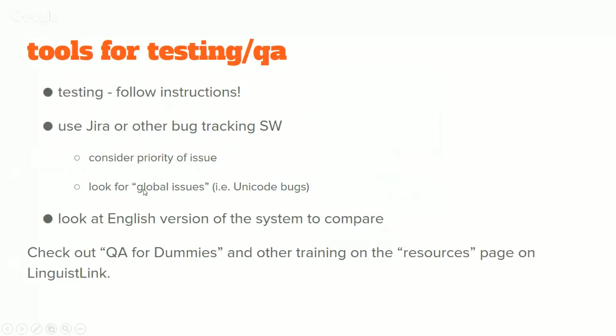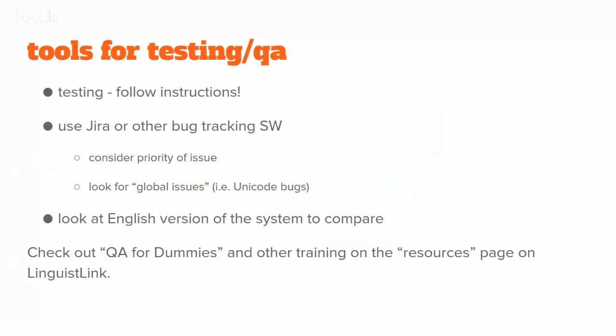The other thing is to look for global issues like Unicode bugs. An example of that is if you've ever looked at a web page and they just have little squares or gobbledygook, then it's a sign that the Unicode settings were not established. If you scan through the application and see it coming up throughout, that's probably a Unicode issue.